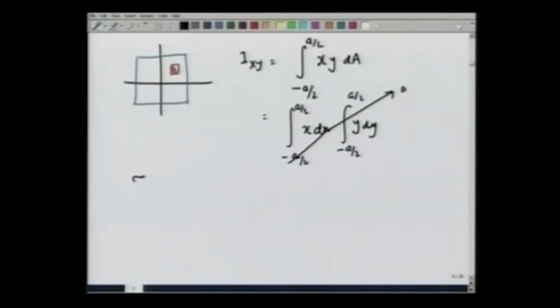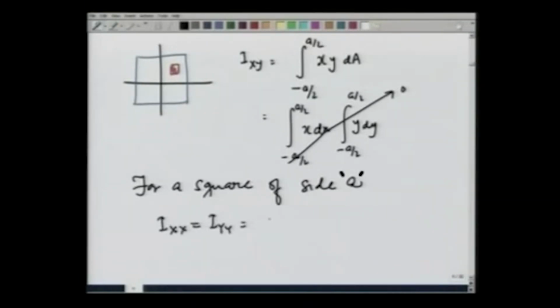So for a square of side A, Ixx equals Iyy equals a raised to 4 over 12, and Ixy equals 0.